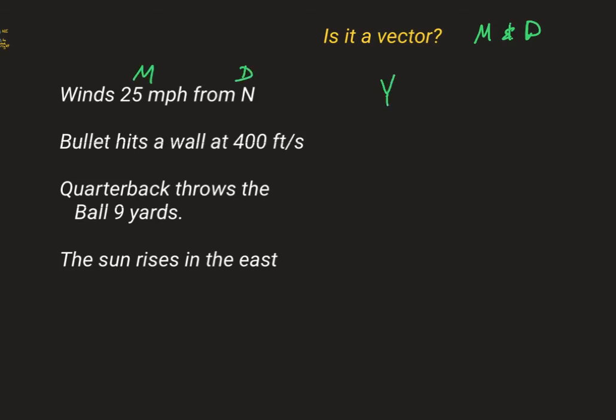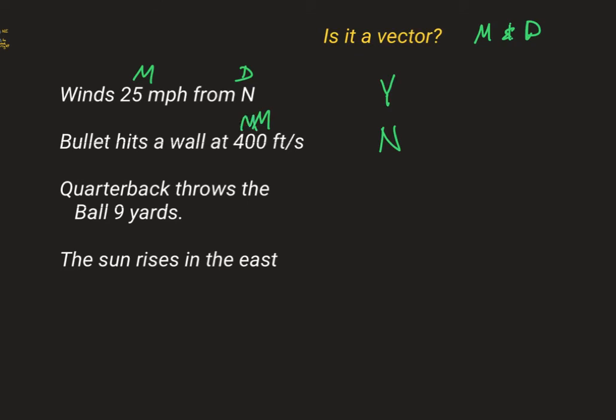Yep, it's a vector. A bullet hits a wall at 400 feet per second. Magnitude, where's the direction? Now, if it said hits a wall perpendicularly at 400 feet per second, or at a right angle, okay, then we could say yes. But that's not there, so we have to say no.